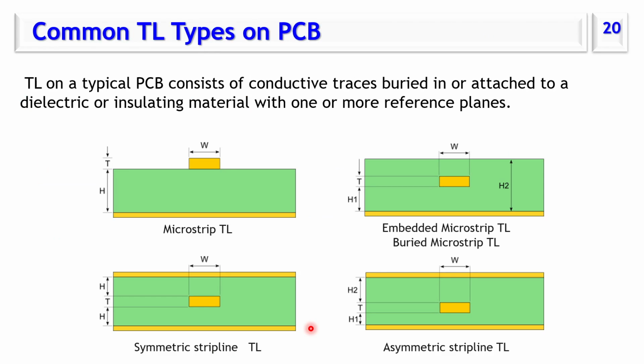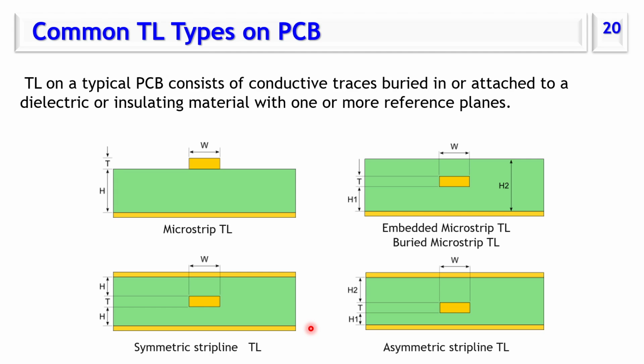Then we come to a very widely used transmission line, or sometimes waveguide, however you would like to look at it: the PCB transmission line. It is used, as I said, because it's low profile and more convenient for connecting electronic components.